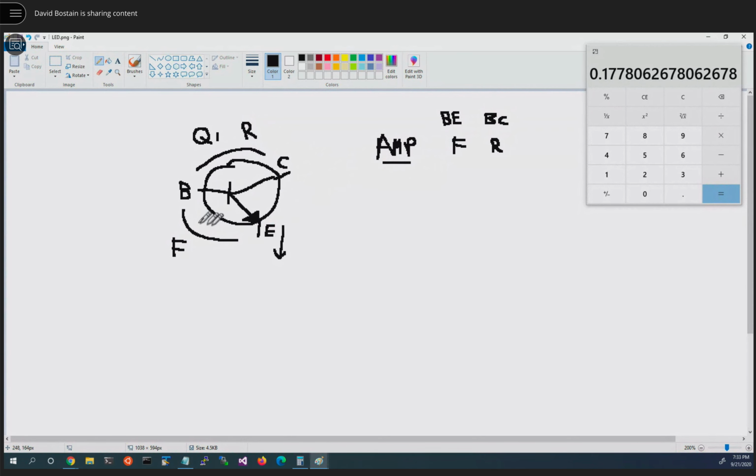And how that works is some amount of current, I'm going to call it IB, goes into the base. The transistor, through its internal properties, which we're not going to say how it does it, takes and multiplies this current times a number called beta. I write the Greek letter beta. It's equal to some value. Let's say it's equal to 100.